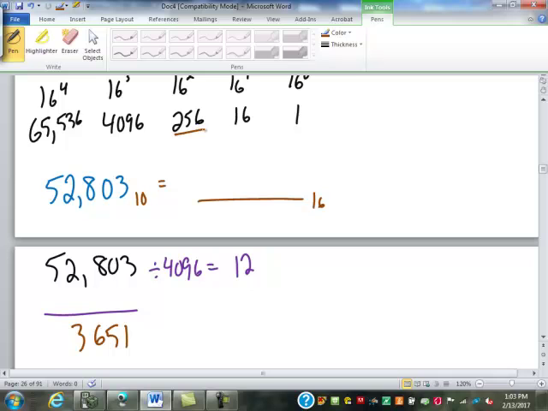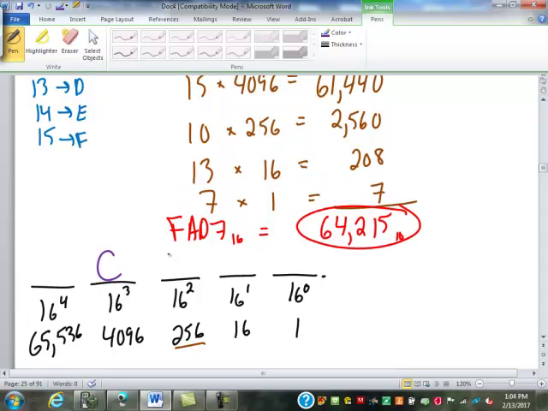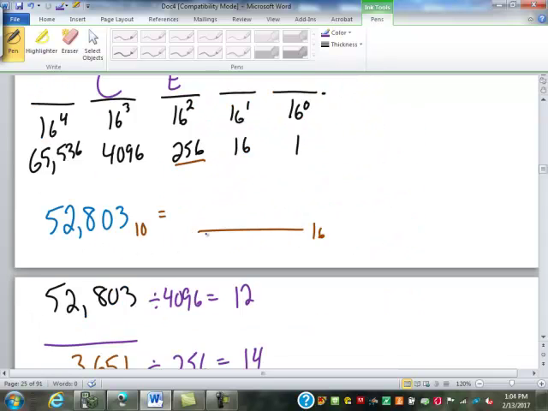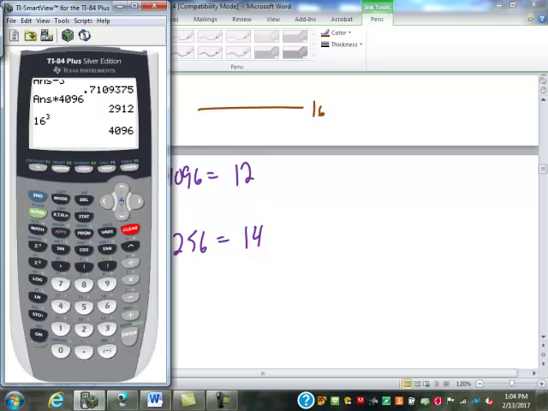So now the next one is the 256. So it's 14, which is D, right? No, E. E is 14. Okay, something went wrong there. So let's just do it the hard way. 3651 minus 256 times 14. It really probably should be just 67.